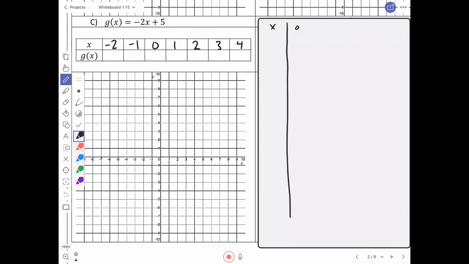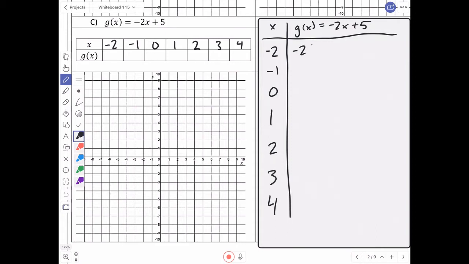X, g of x, -2x plus 5, and -2, -1, 0, 1, 2, 3, 4. And I've got -2 times -2 plus 5, which is 4 plus 5, which is 9. -2, 9.